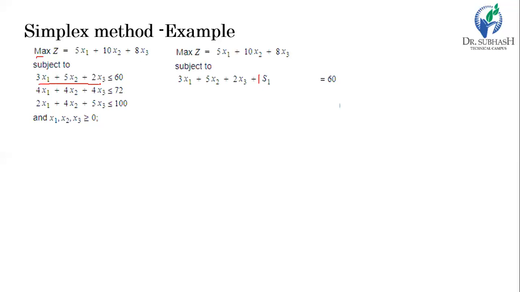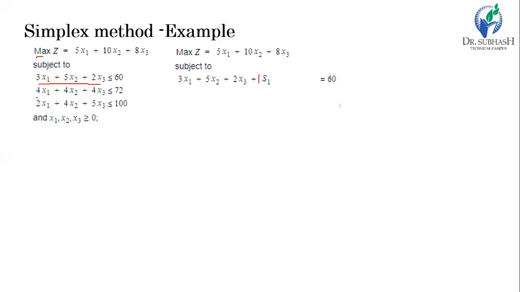That lagging amount is added by this s1. At this point, we don't know the amount of s1, or need not know it. But the lagging which creates the inequality is the amount s1, and that we added here. So this constraint becomes an equality.